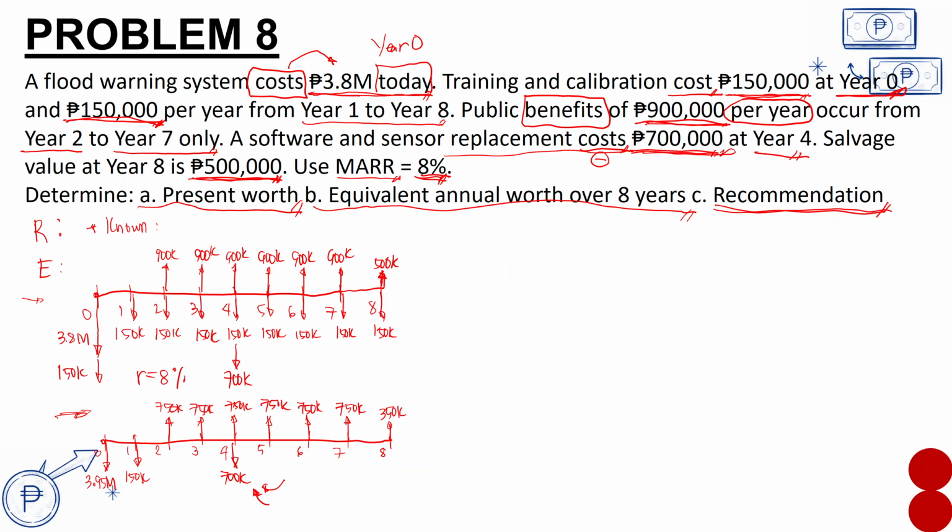All right. So first, we are going to determine the present worth of the project. And if you remember, the present worth is just the difference of the present worth of the benefit and the present worth of the cost.